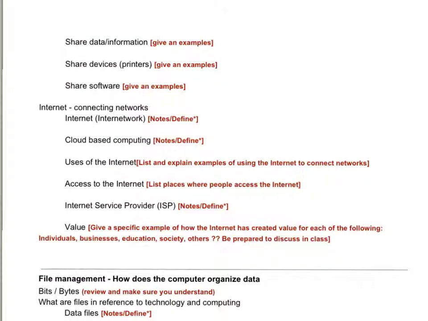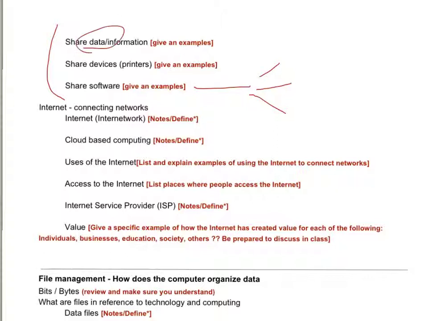We talked about the importance of sharing data and devices in a network, and also the possibility of sharing applications. You could have an app on a server, you can have an app that runs in your browser, pull an app off the internet to use temporarily. A lot of different facets.